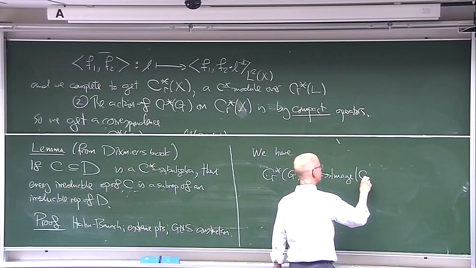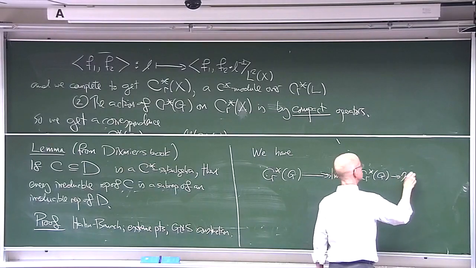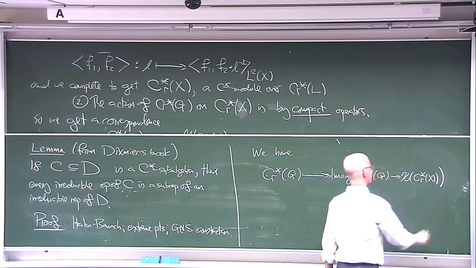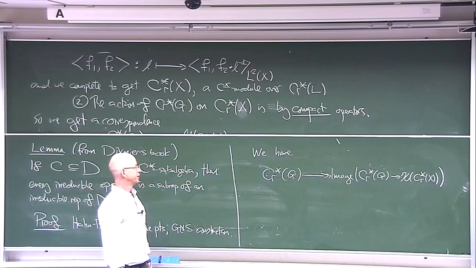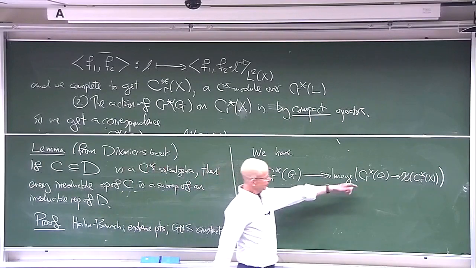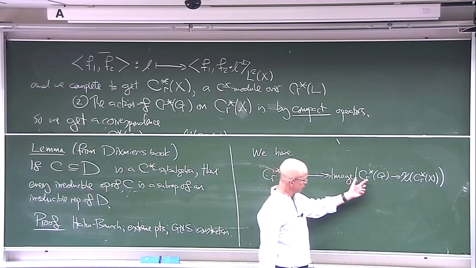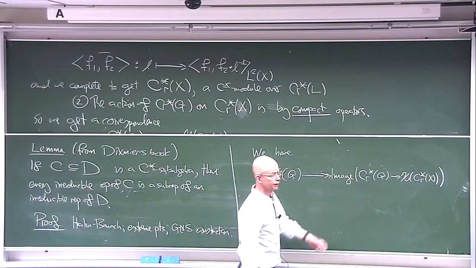Now, going back to our situation, there's an obvious map. We have an action of C star of G on this Hilbert module, a star homomorphism from here to here, and so an obvious surjection like this.